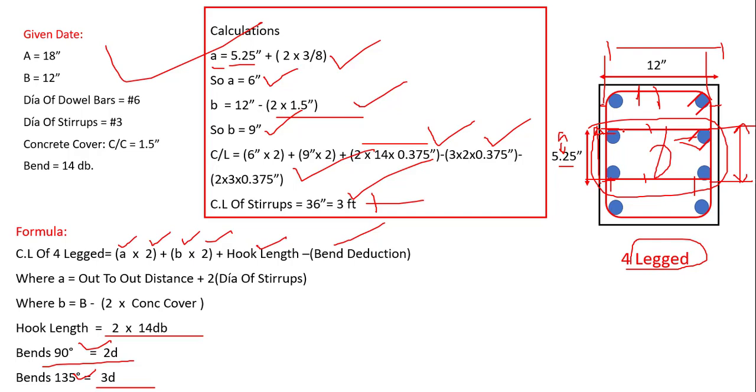This is nothing but 2 stirrups, 3 stirrups, 4 stirrups. If you can find this center to center spacing, you can find the cut length of 6-leg, 8-leg, 10-leg, it could be any legs. This is basically the process. You have to find the center to center distance. This is very important, and I hope you really understand this session. I'll see you in the next.